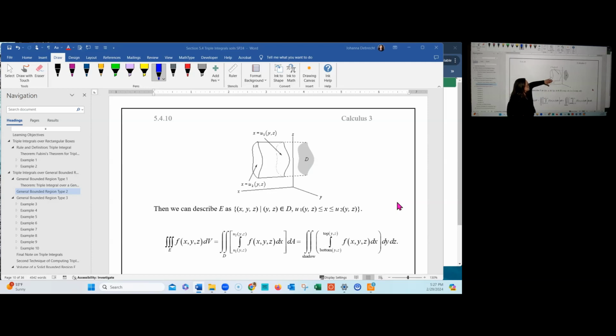So this function of y and z is going to serve as the top, and this function of y and z will serve as the bottom, or vice versa, depending on which way it needs to be turned. So again, we have our function of y and z for the upper and lower on the blob when we're looking at it with the x-axis pointed up.